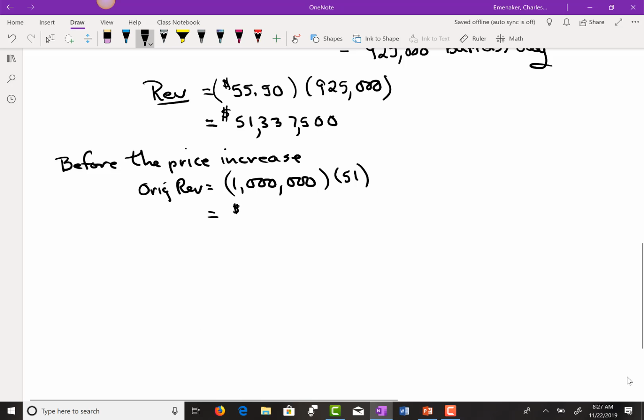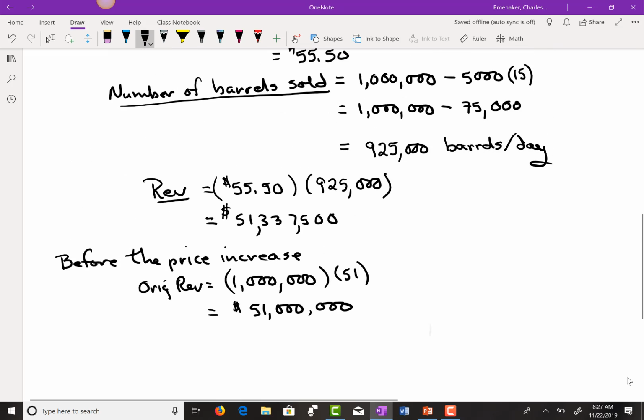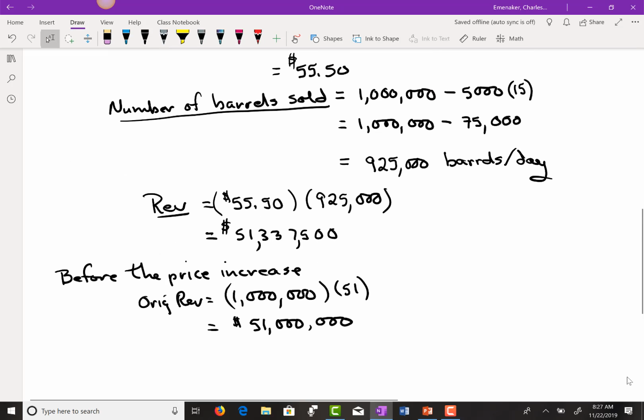So originally the revenue was $51 million a day. And you may look at that and say, yeah, but it's only an extra $337,000 a day. But the other thing to keep in mind is not only is it an extra $300,000 a day, but you're also selling 75,000 barrels less. So you're selling less of your resource and picking up another $300,000 a day.